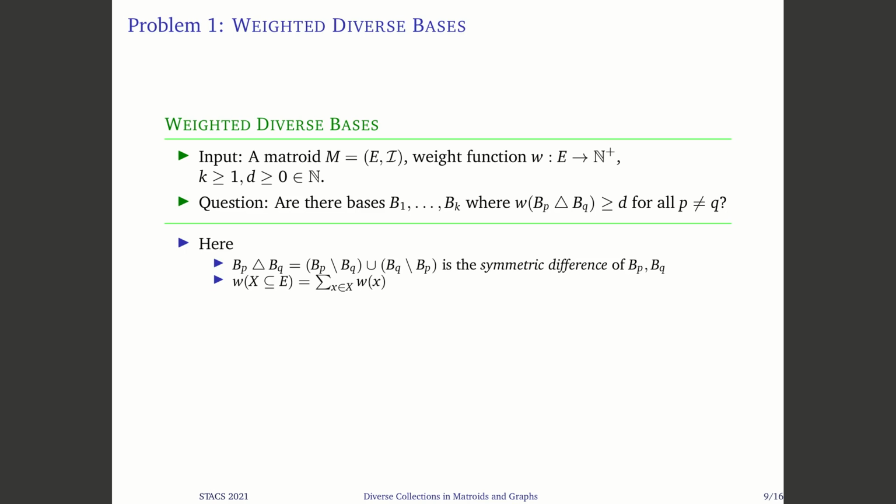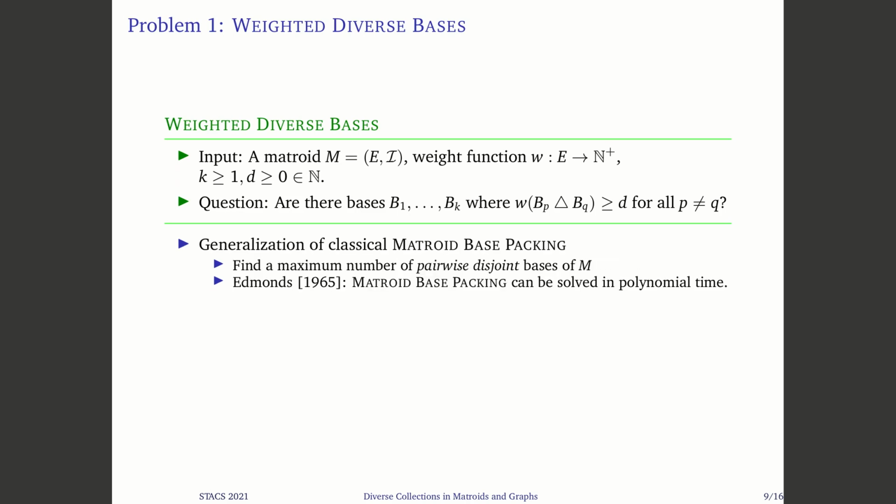There are 2 integers k and d, and the question is, does this matroid have k many bases b1 to bk such that the weight of their symmetric difference is at least d for any pair of these bases. So here the symmetric difference is defined, this triangle denotes the symmetric difference of these sets, and the weight of a subset is just the sum of the weights of its constituent elements.